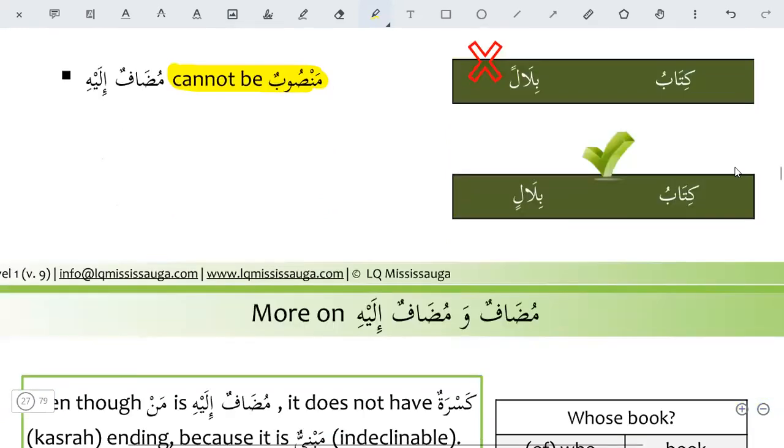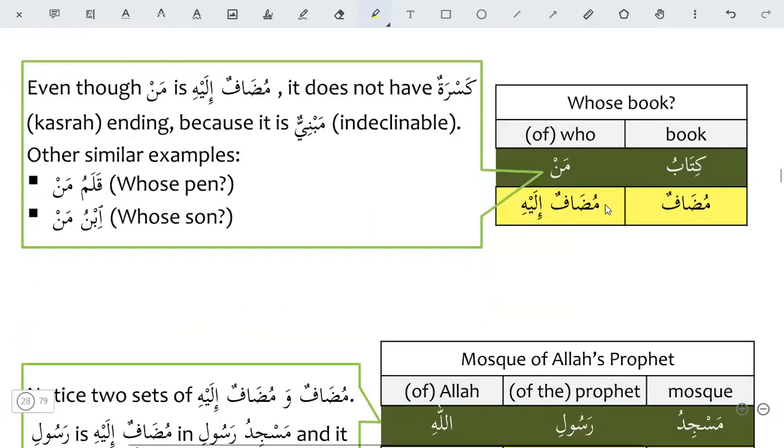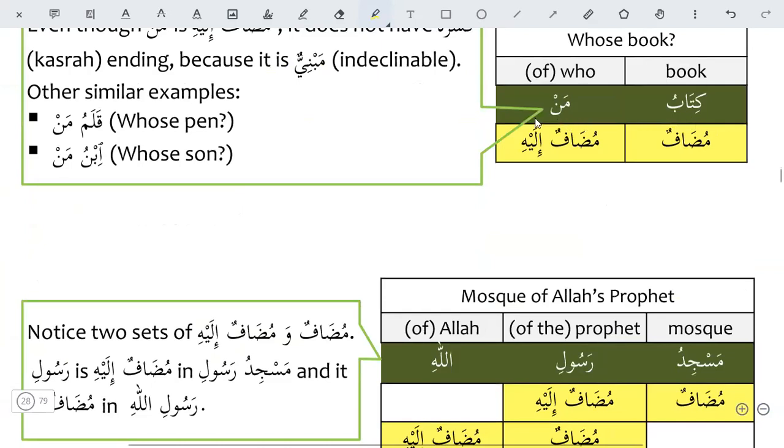And this is the correct form of the mudaf. Kitabu bilalin. This is the correct form of the mudaf and mudaf ilay. We write it like here. And kitabu man, whose book?